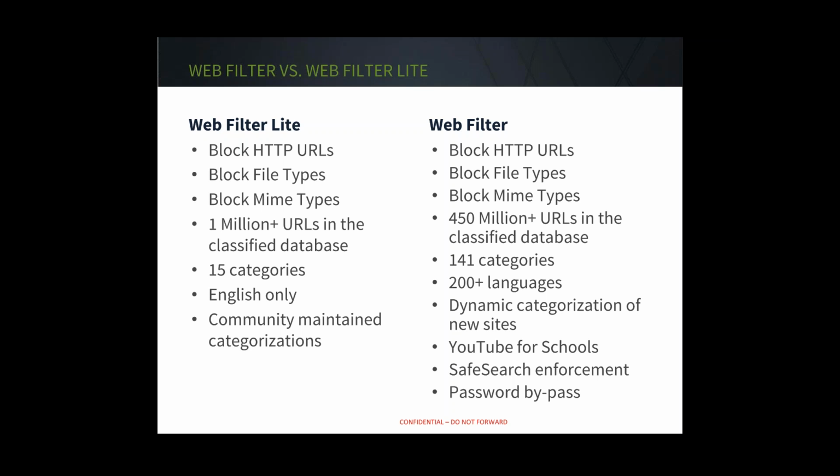If you look at the web filter, the paid version, what you're looking at here is a technology partner that we use, Zvelo, who manages and maintains 140 categories, 200 languages. They have 450 million URLs within their database that's dynamically updated.